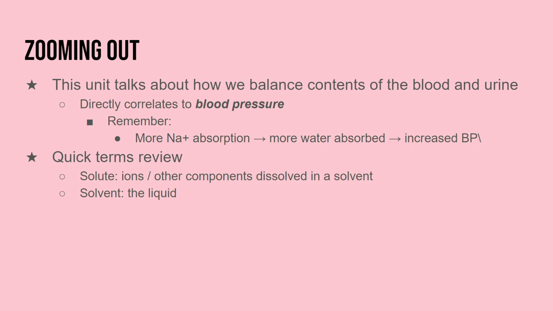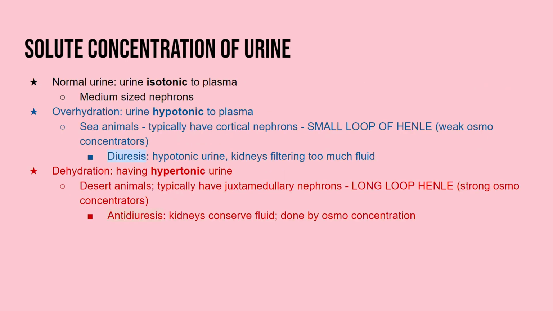So, because we're going to talk a lot about solute concentrations, concentrating the urine. You can look at this in 2 different ways almost. You can look at it as if a person is overhydrated, then their urine's going to be hypotonic to the plasma.